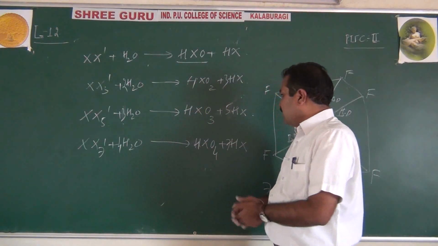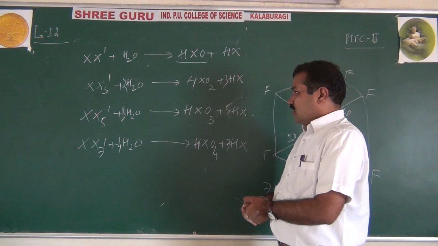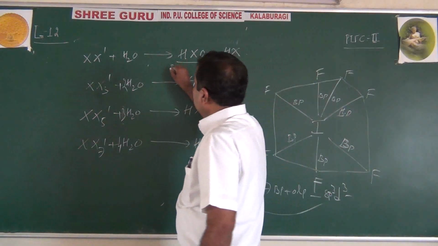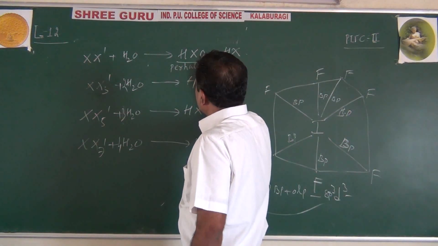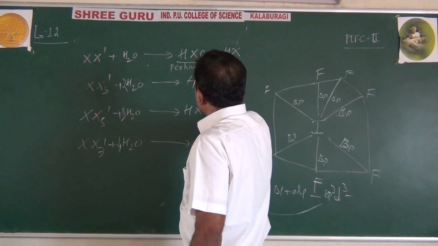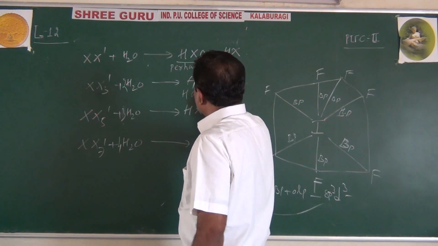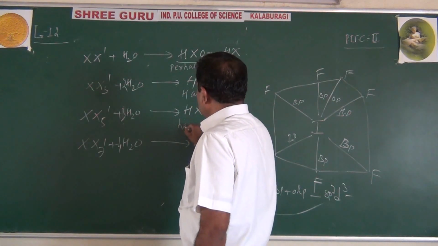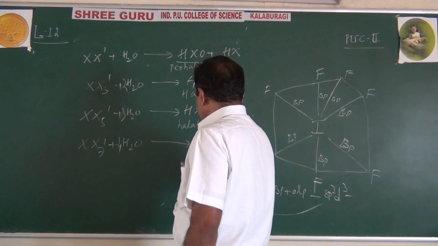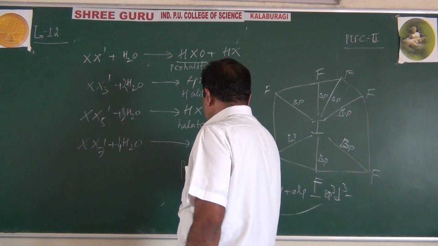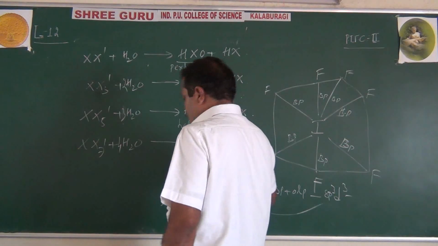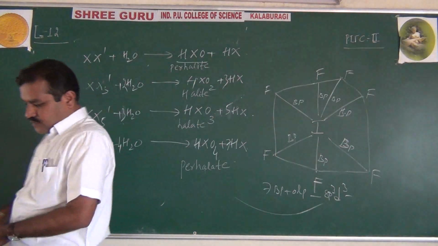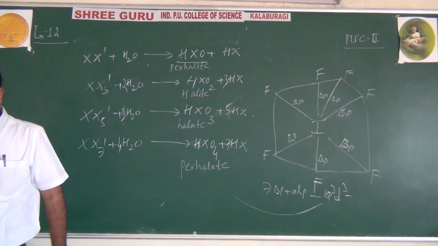This is the balanced equation. See, this is called hypohalite, this is called halite, this is called halate, and this is called perhalate. This is how we can explain the interhalogen compounds.